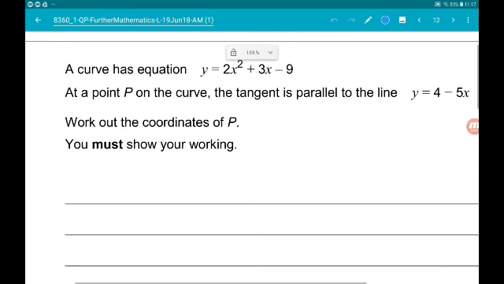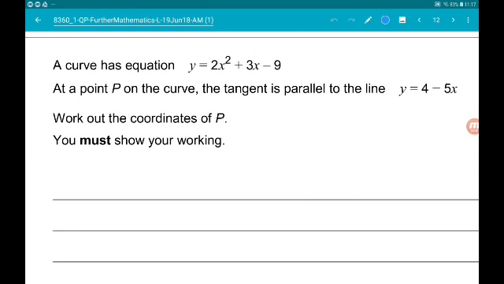Question 11, a nice full marker here. So a curve has equation y equals 2x squared add 3x minus 9. At point P on the curve, the tangent is parallel to the line y equals 4 minus 5x.